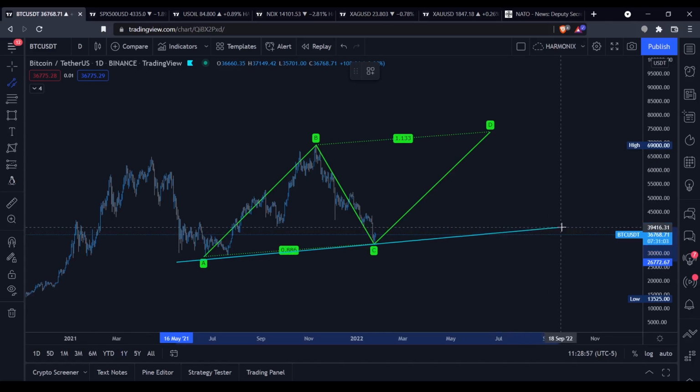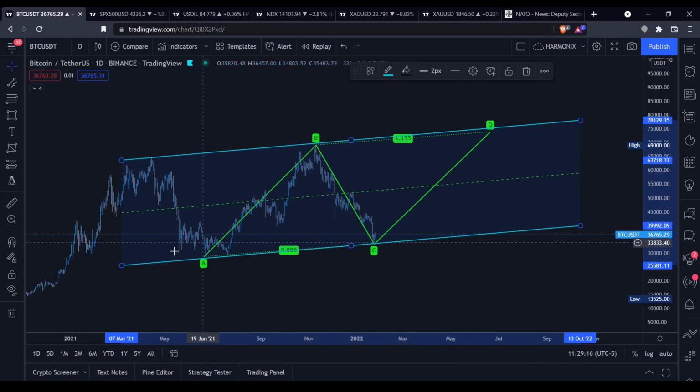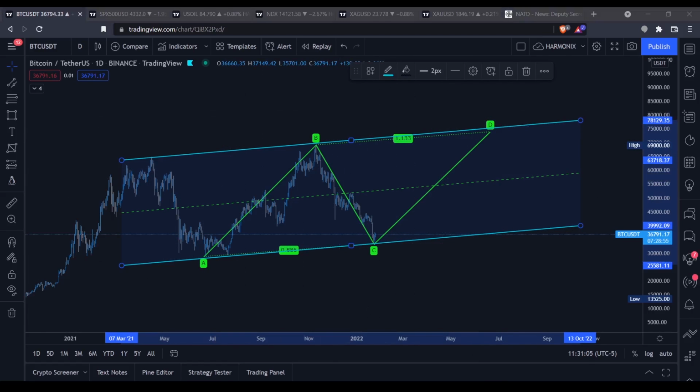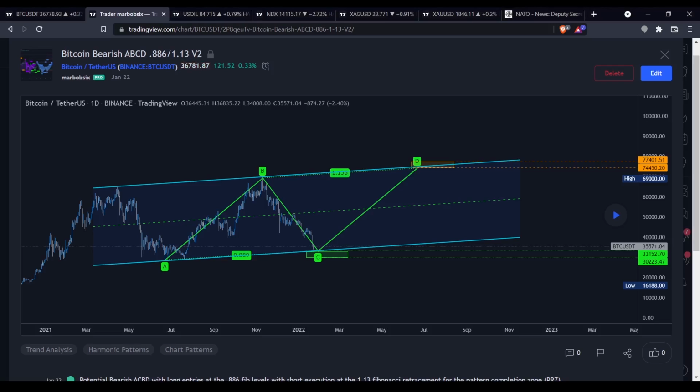One of the members asked me about the channel, and whether that is another reason why we found demand at the lower trend line of the channel. We do know the lower level of the channel is known as a demand zone, where we clearly found support also. And the upper trend line is known as the supply area of the channel. So here we have a perfect symmetry and projection of the price action.